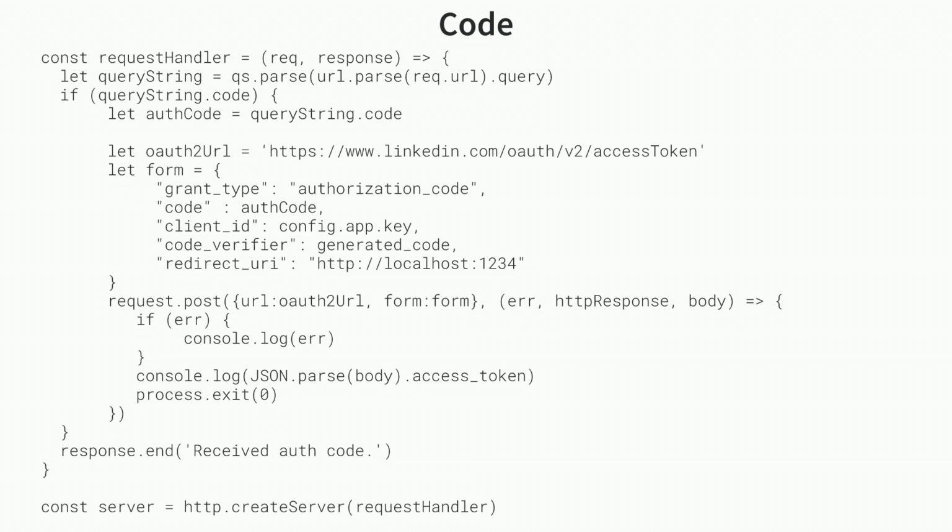We're going to send the auth code along with our client ID and the code that was generated when we sent the user to the system browser to that consent screen. And then we're going to write the access token that we receive back out to standard output.